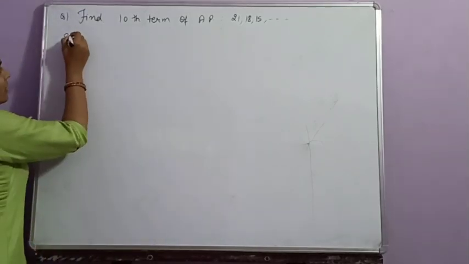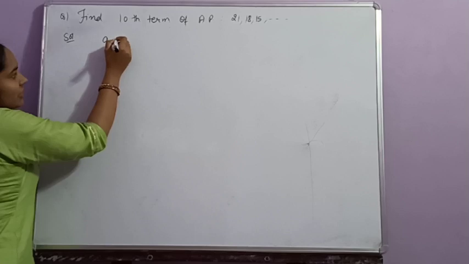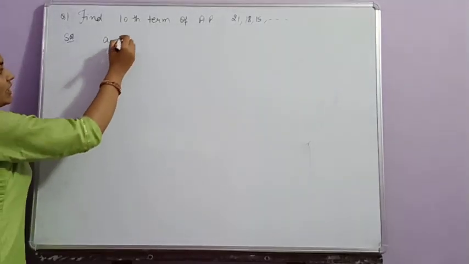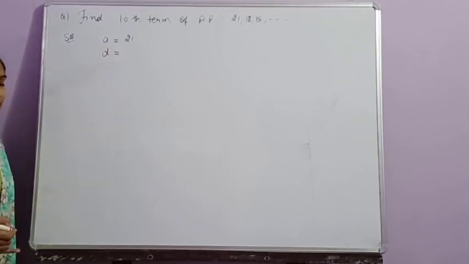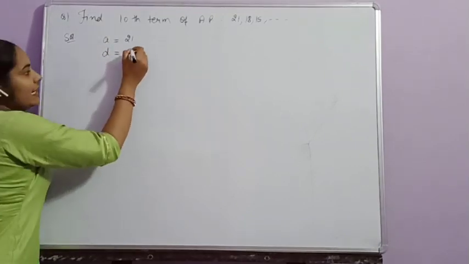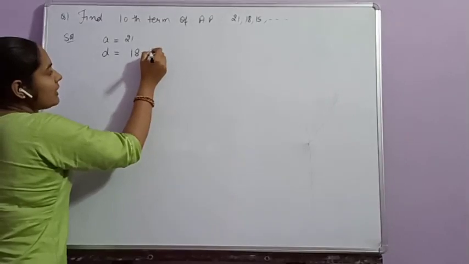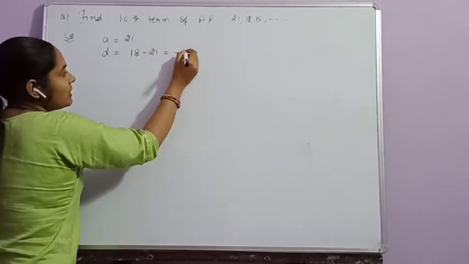Here a, the first term of the AP, is 21, and d is the common difference, that is a2 minus a1, 18 minus 21, which is equal to minus 3.